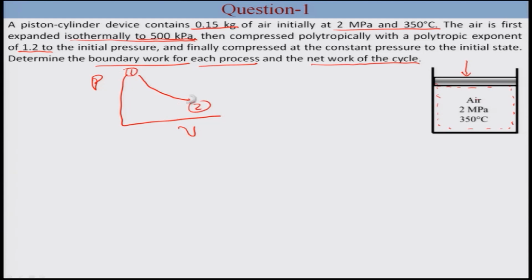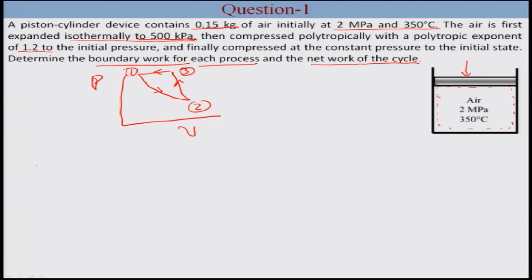Then from 2 to 3, it is compressed polytropically to initial pressure, and then finally it is compressed at constant pressure to the initial state. So we have to determine boundary work for each process.